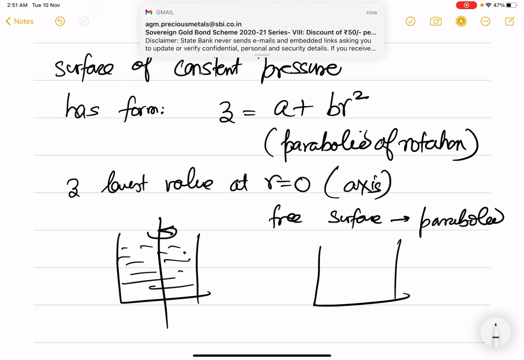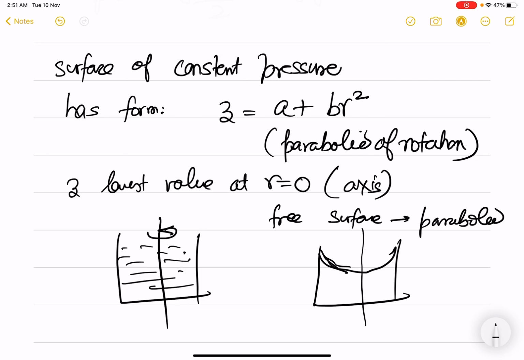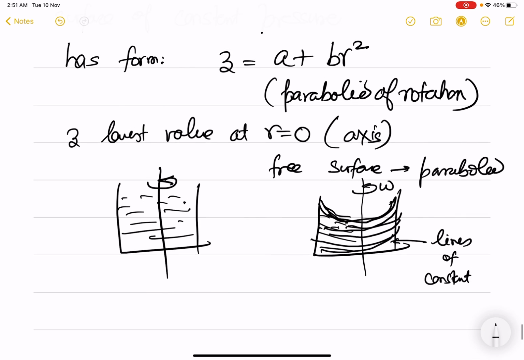That means the free surface is going to take a shape like this, and these will be lines of constant pressure.